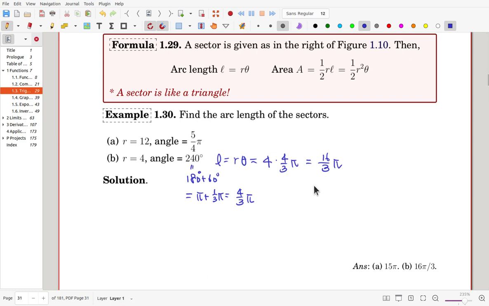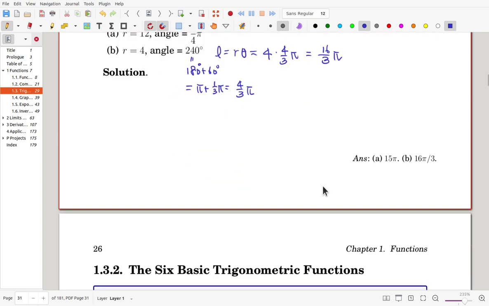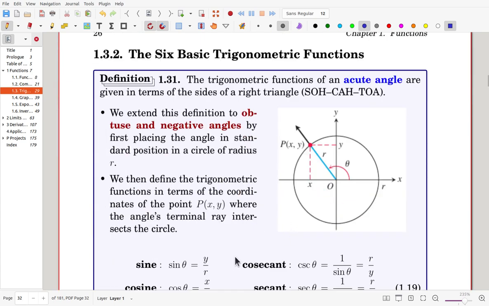So far we learned what the angle is and what arc length and area of sectors are. Now we'll go to the basic trigonometric functions. You learned that in high school in terms of SOHCAHTOA.